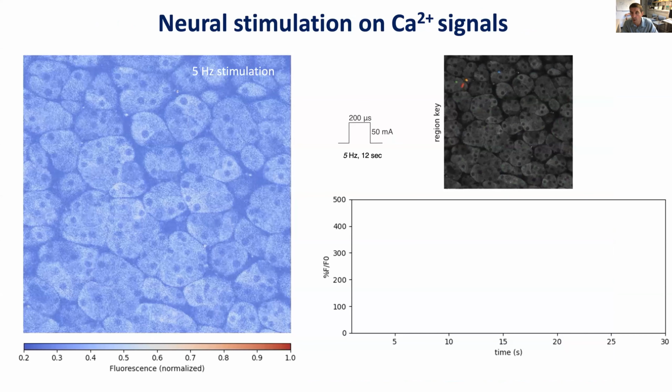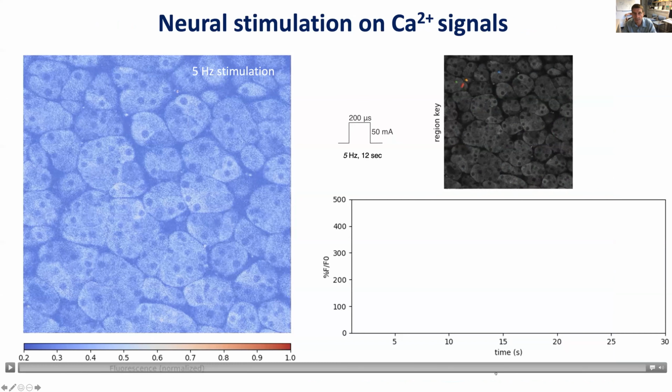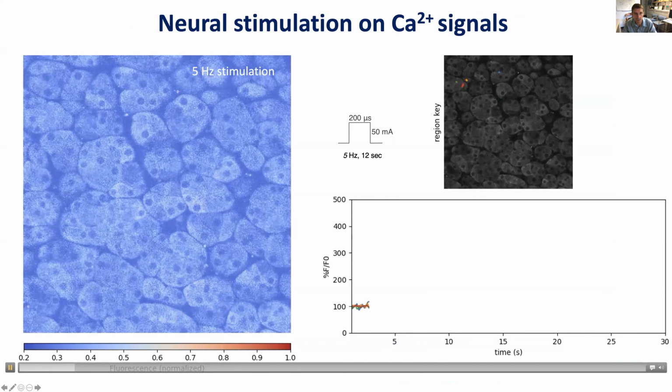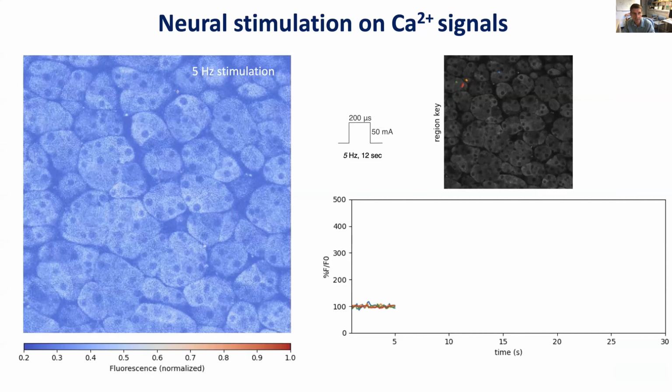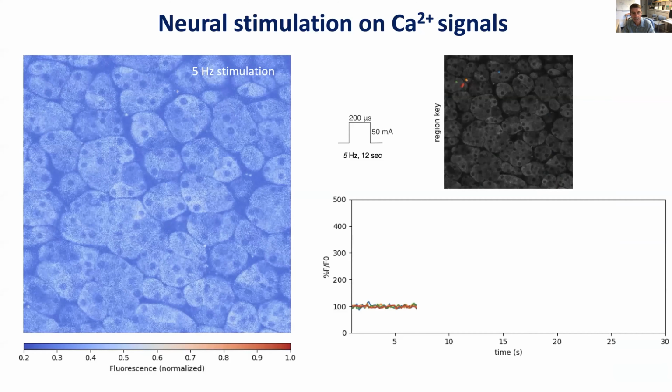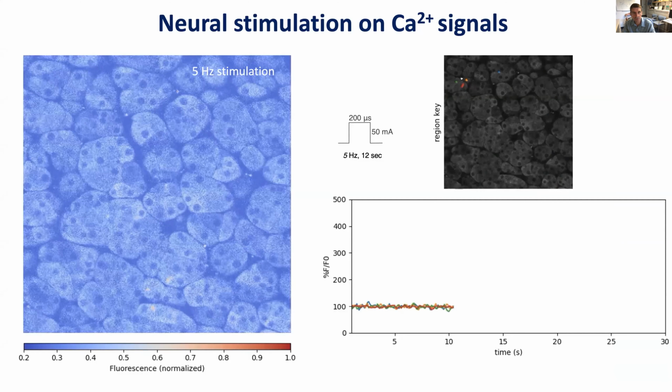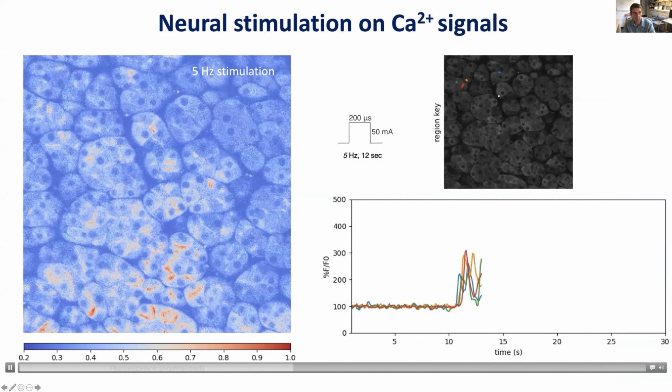So we can monitor the calcium signal in slabs of tissue in vivo, and we can stimulate a nerve bundle that goes into the gland with different frequencies of stimulation. Here we're stimulating with 5 Hertz stimulation to the nerve and monitoring the calcium signal in regions of interest that you can see James is pointing to.